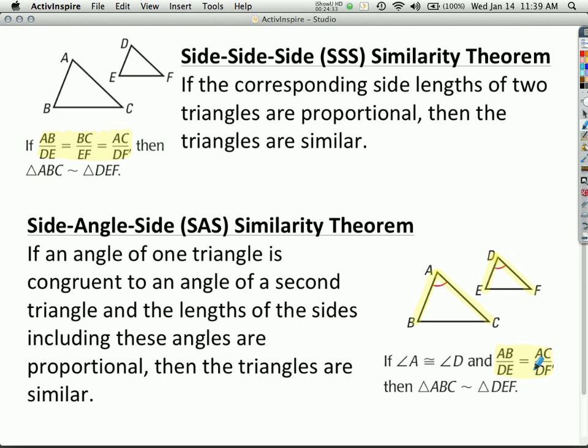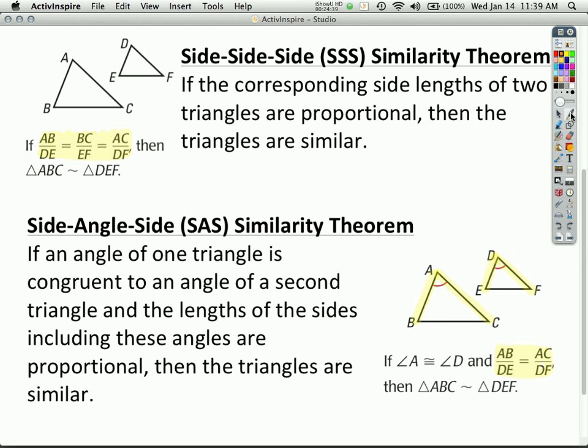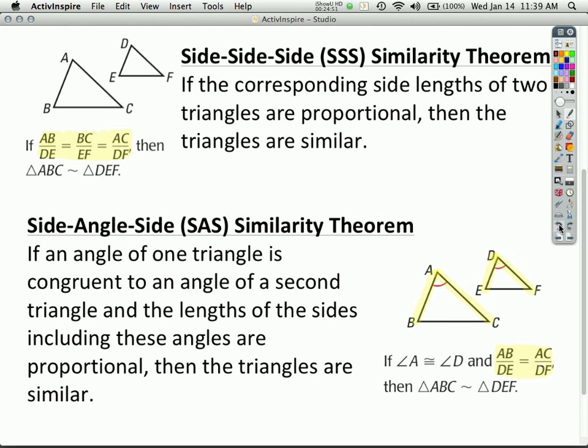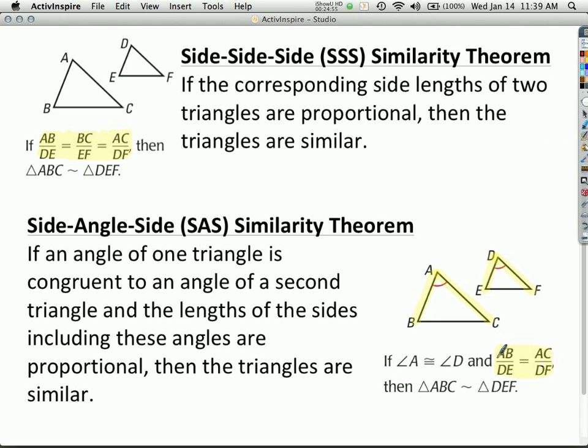There's no mark that shows it's proportional. If I did this, that would mean those were congruent. At least I don't think there's a mark you can put. I'll look it up though for you. For now, we're going to have to make statements to show that they're proportional. Any questions about that?